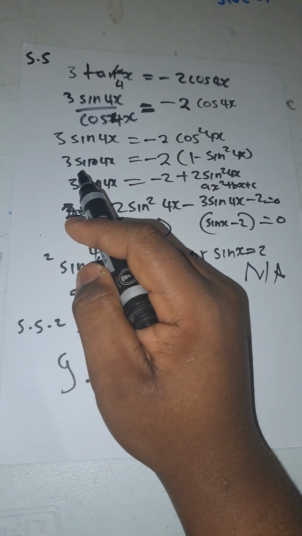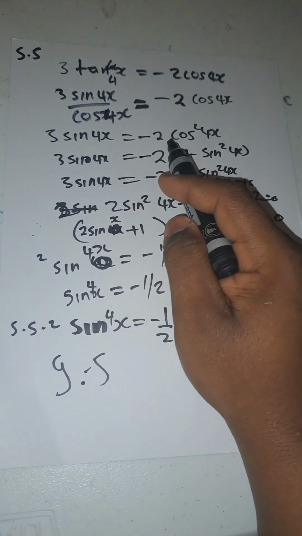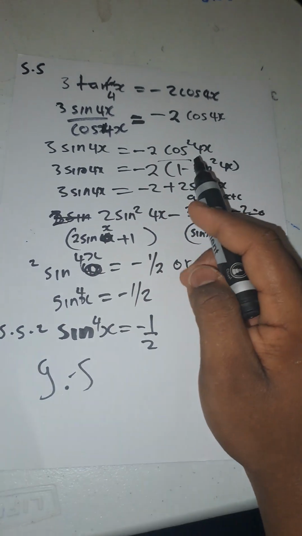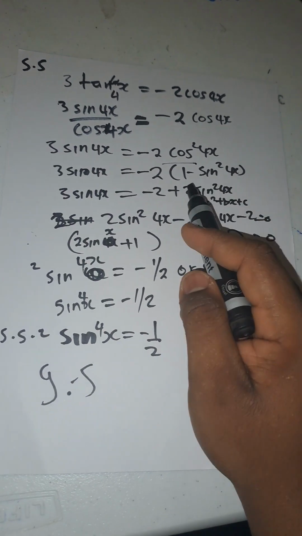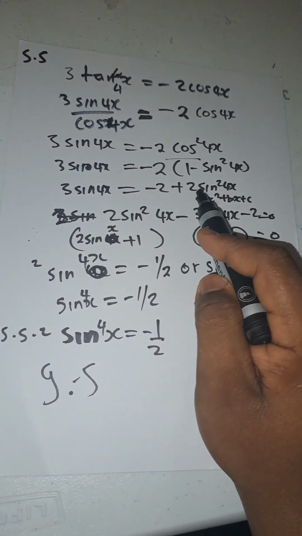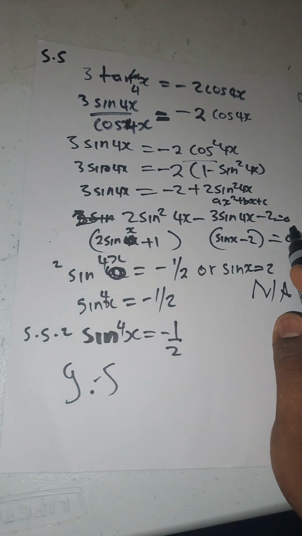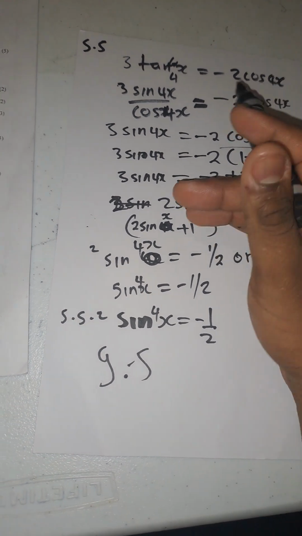And then 3 sine 4x is equal to minus 2 times 1 minus sine squared 4x. And then I'm going to expand here. It's going to be minus 2 plus 2 sine squared 4x. Then I'm going to put it in the form of a quadratic.